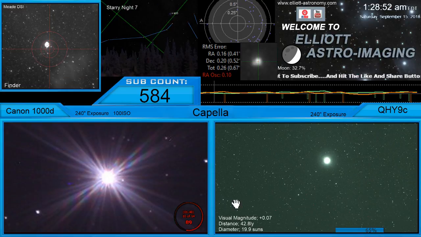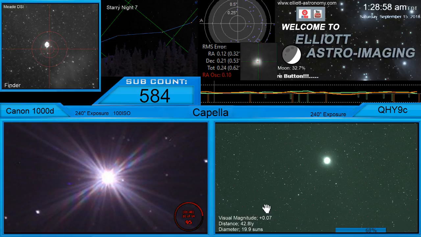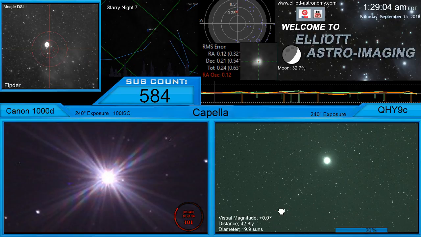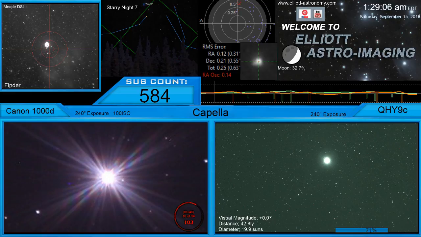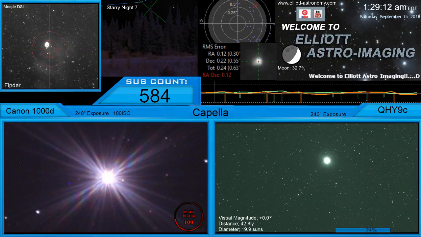There's Castor right there. So the twins are just coming up now. Pollux would be down here. Yep, there's Pollux right there. So Castor and Pollux are just about coming up. And the comet would be right down in here, right where the trees are. But they'd be right in there.